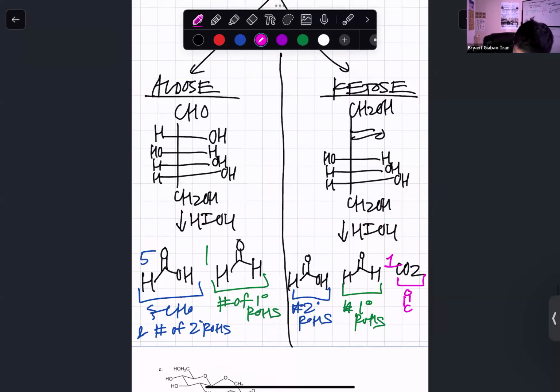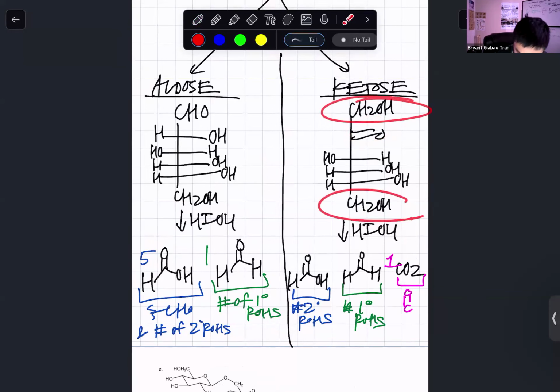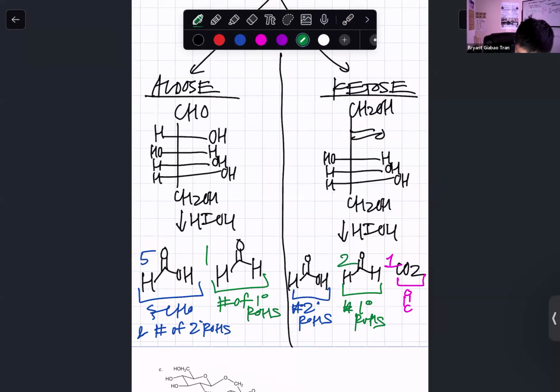So we only have one carbonyl of this ketose here, so we only get one CO2. For D-fructose, we have two primary alcohols, one at the top, one at the bottom. So that means we get two formaldehydes. We have 1, 2, 3 secondary alcohols. So we're going to have 3 formic acids.